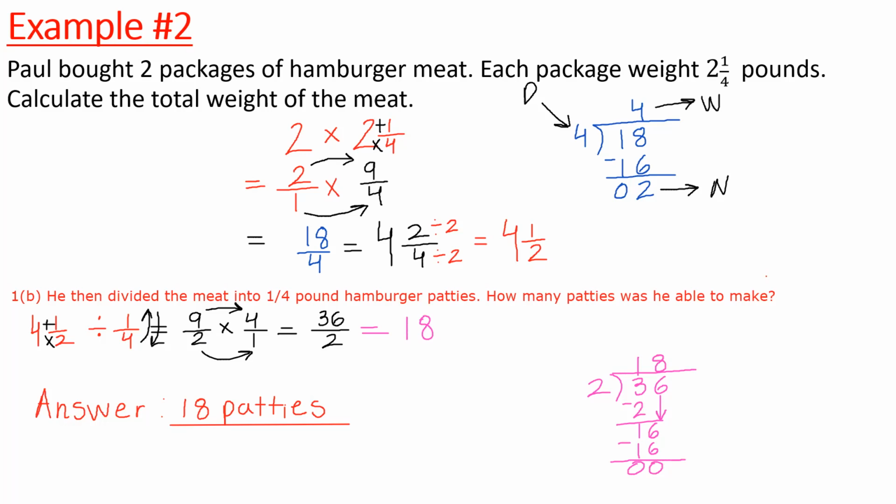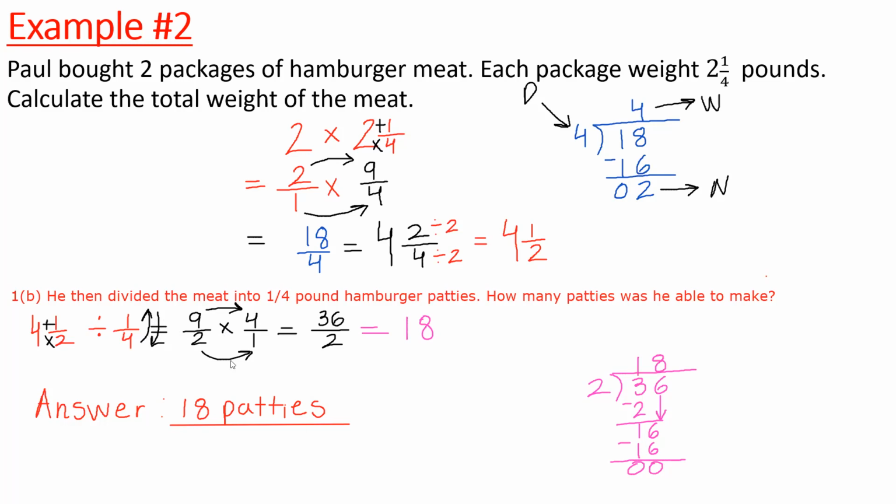Now, whenever you're dividing, you have to use the acronym KSF. So you keep the 9 over 2, you switch the division sign into a multiplication sign, and then you flip the 4 over 1. Understand that? Yes, sir.